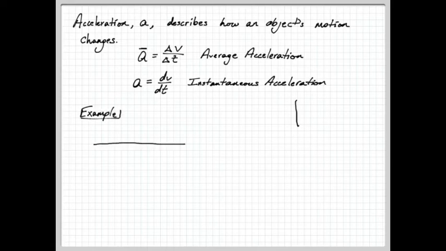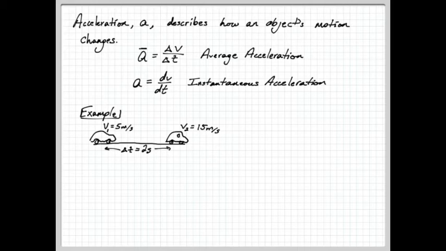Okay, so let's look at an example. Here we have a car, and we'll say it's moving at 5 meters per second. Then later on it has a velocity of, we'll say, 15 meters per second, and we'll say it achieves this change in roughly 2 seconds.